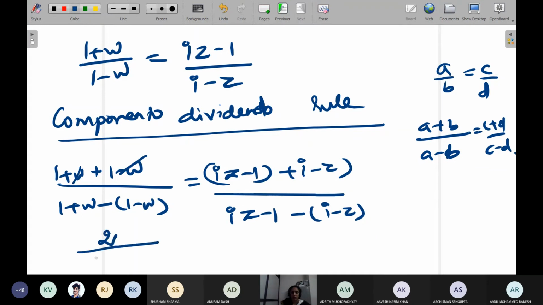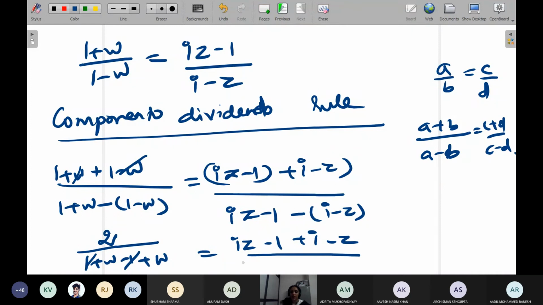Now see, listen, plus w minus w will be getting cancelled. You will get 2 divided by 1 plus w minus 1 plus w. So minus 1 plus 1 will be getting cancelled. You will get w there. And here you get iz minus 1 plus i minus z divided by iz minus 1 minus i plus z.